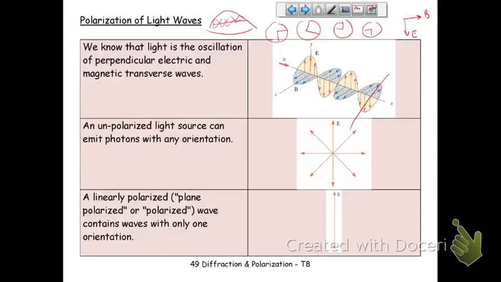They found that when they made these crystals, these films, only photons with a certain orientation got through. You lost a lot of photons, but what you got through was all polarized.